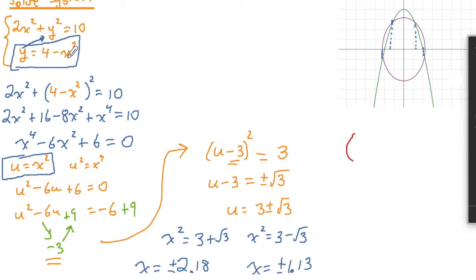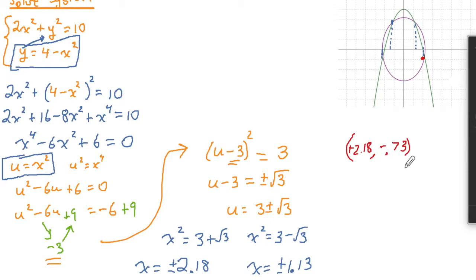That'll be negative 0.73. That would be this one here. So I would have the negative, oh, I'm sorry, I put in the positive one. So positive 2.18, so that would be over here, this coordinate, comma, negative 0.73. All right.